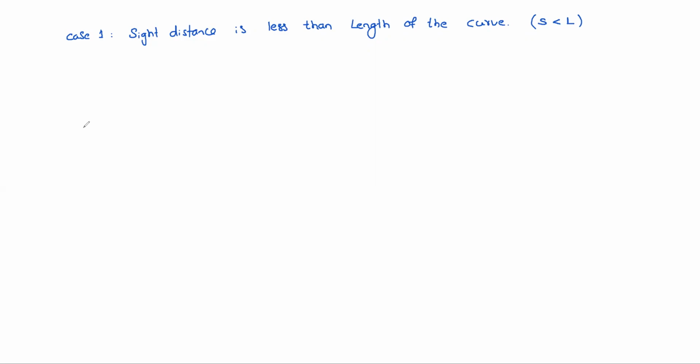Now let us assume the curve is like this. After that curve, a straight portion is assumed here, something like this. So sight distance, suppose here to here, A point to B point. This is the center line of the road.